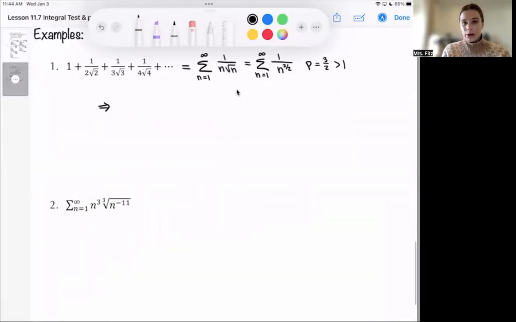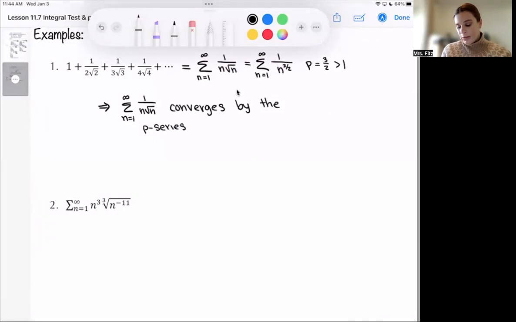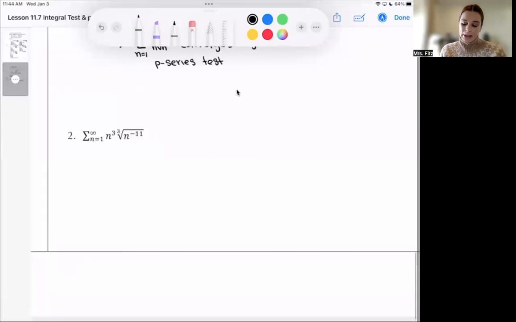So therefore, the sum from n equals 1 to infinity of 1 over n root n converges by the p-series test. And note, this is our justification right here. You do need to have that on your paper and probably the steps coming up to how you got to that, right?